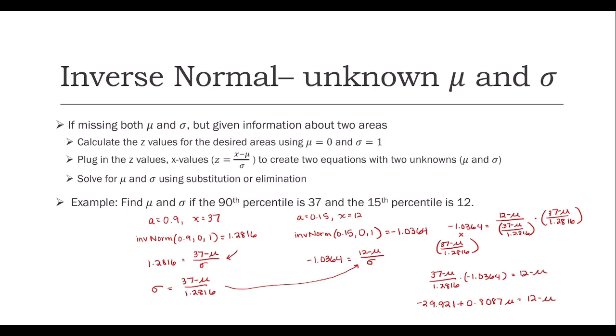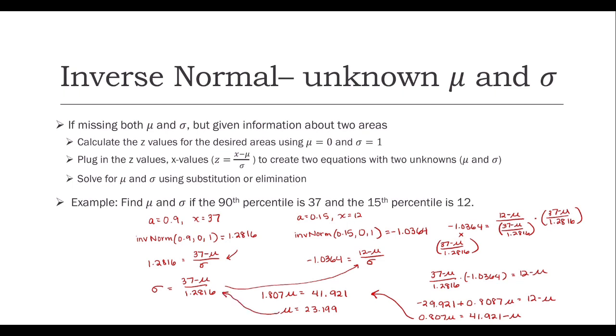We'll add 29.921 to both sides, which gives us 0.807 mu equals 41.921 minus mu, and then we add 1 mu to each side, and that'll give us 1.807 mu equals 41.921. Then we divide both sides by 1.807 to get that mu equals 23.199.